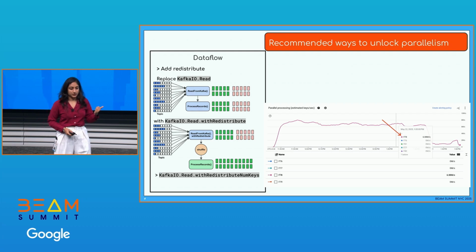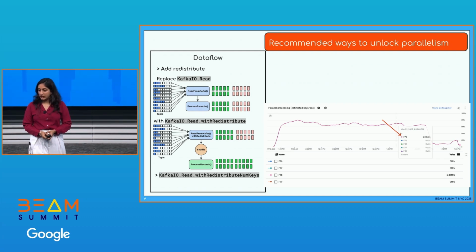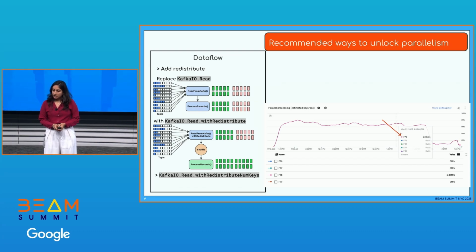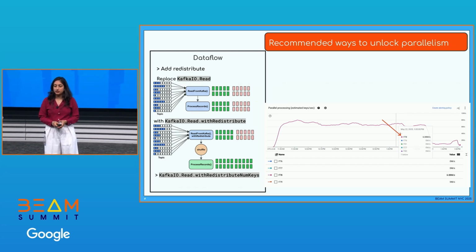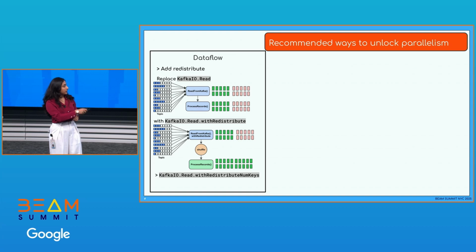As you can see here, this was one example where this stage F78 had close to 7 million keys. It's generally a good idea to start testing with 10K to 20K keys. And how can the number of keys be controlled? Using Kafka IO read with redistribute num keys and passing the integer keys.